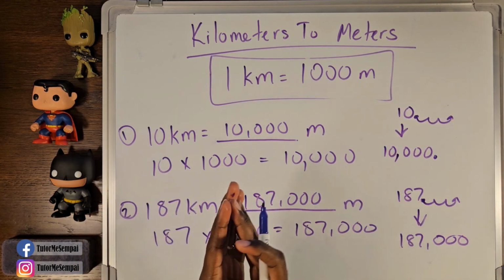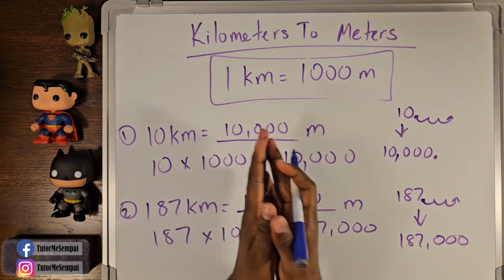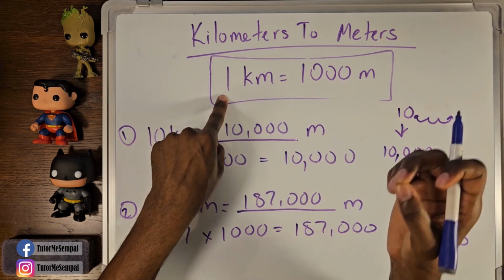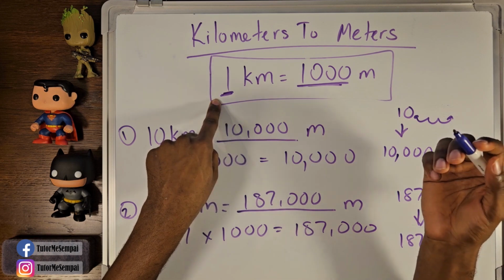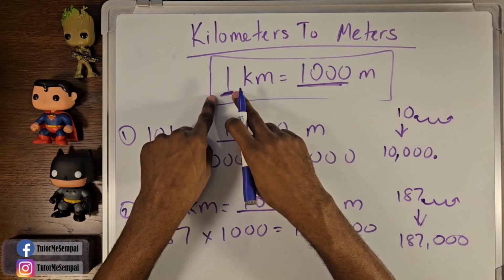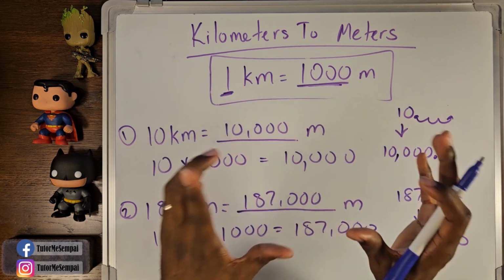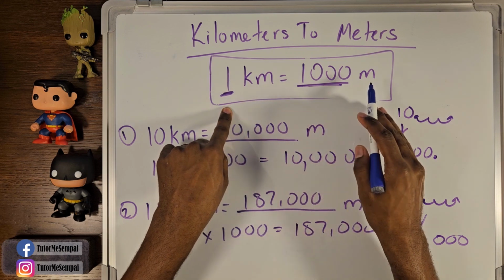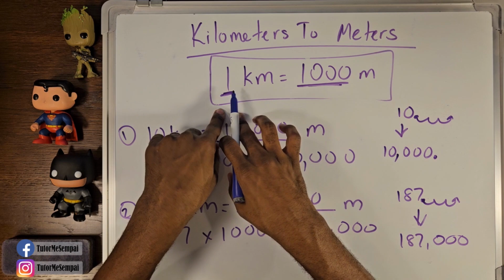But let's say you do have to show your work. How do you remember when to use your multiplication and when to use your division? Well, look at your basic unit conversion, and that will give you a little hint. Notice the number attached to the units. Here you have a 1, here you have 1,000. Your 1 is a lot smaller than 1,000, the number itself. So when you're converting from kilometers to meters, the number itself has to be much bigger than the number you started with.